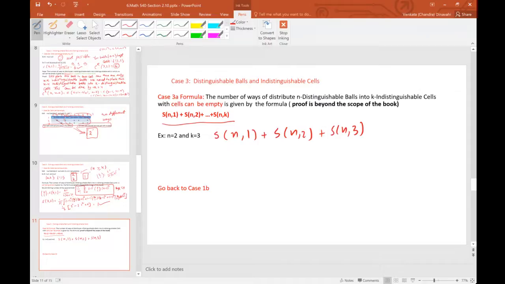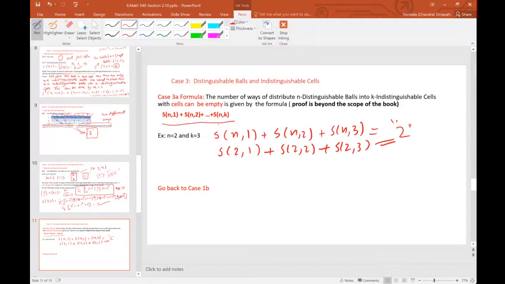And for each of these S of n,k, you use this ugly formula in the previous section and you calculate, which I'm too lazy to do. In this case, n is going to be 2. So this is S of 2,1, S of 2,2, plus S of 2,3. You should get your answer as 2. Again, the proof is beyond the scope of the book, so I don't want to waste your time by going through more explanation here.